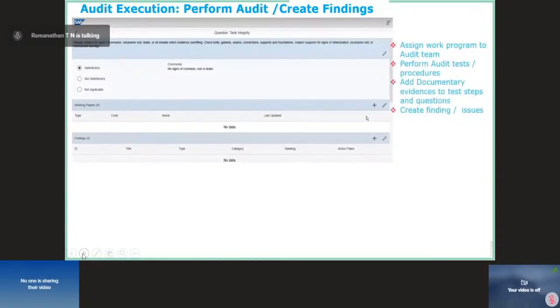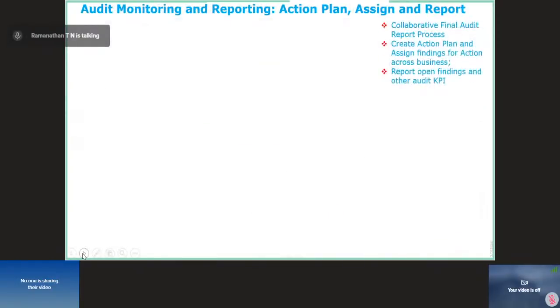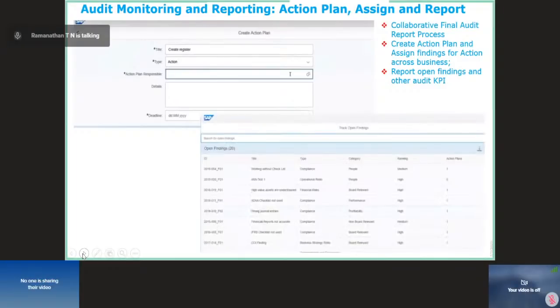If there are observations, how do you document those, and what is the level of risk or the priority which is to be looked at, right? Very important. And then have a definition of an action plan which is to be done by the control owners or the process owners, okay, and then share the findings.